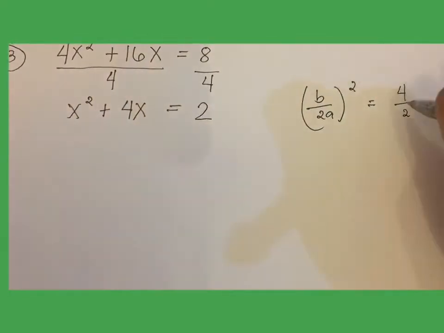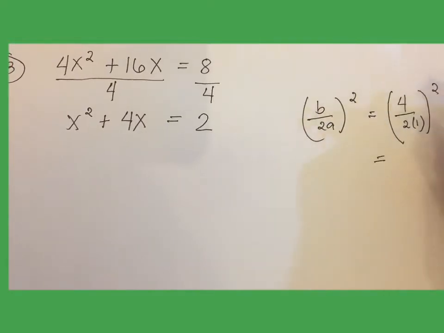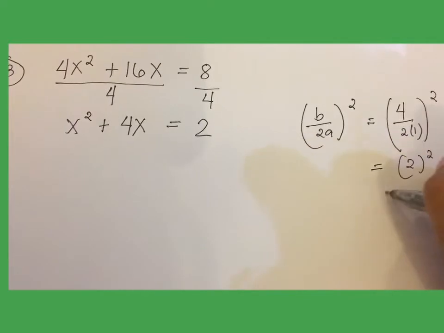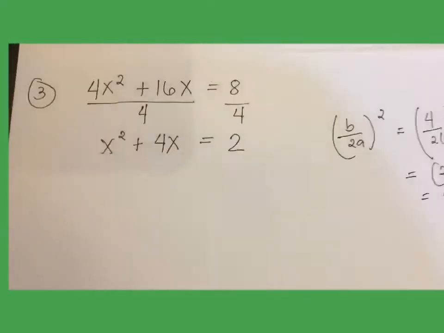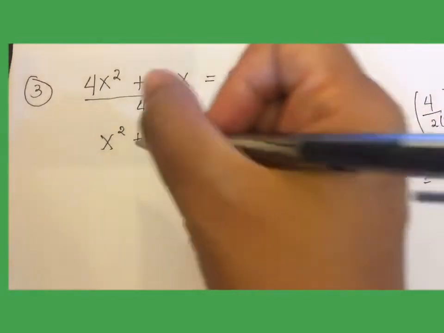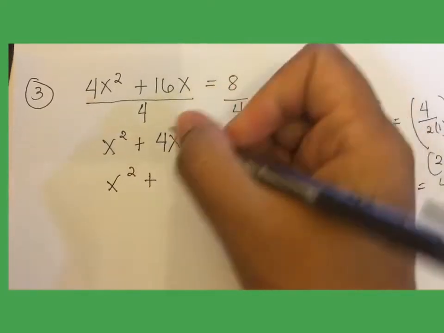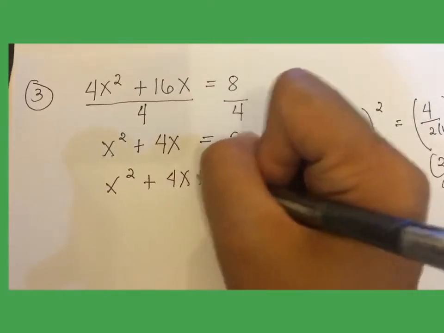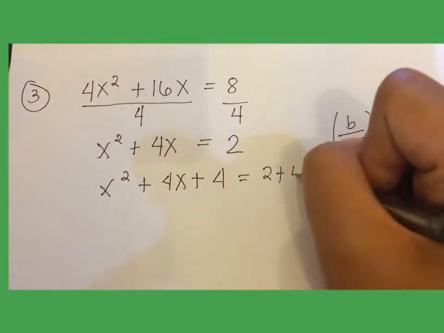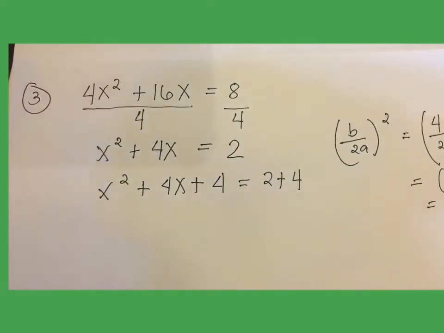That's 1. Times 1 squared. So that is 4 divided by 2, that's 2 squared. So it's equal to 4. Therefore, our third term is 4. x squared plus 4x plus 4 equals 2 plus 4.